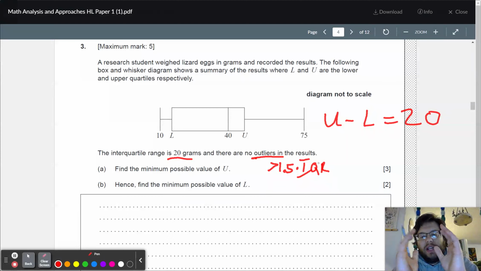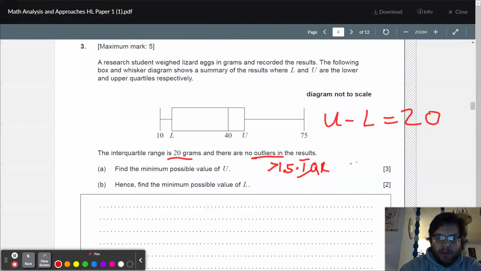And if something is an outlier, that means that it's further away from the quartile than 1.5 IQR. Okay. And so our IQR that we just got is 20. And so what that means is that we can't be more than 30 away from U, or more than 30 away from L.